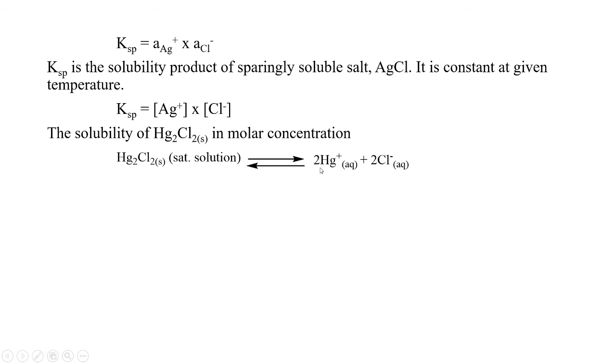So it will give 2Ag+ and 2Cl-. Now by applying the law at equilibrium, we get the solubility product of the sparingly soluble salt, that is Ksp is equal to [Ag+] squared into [Cl-] squared.